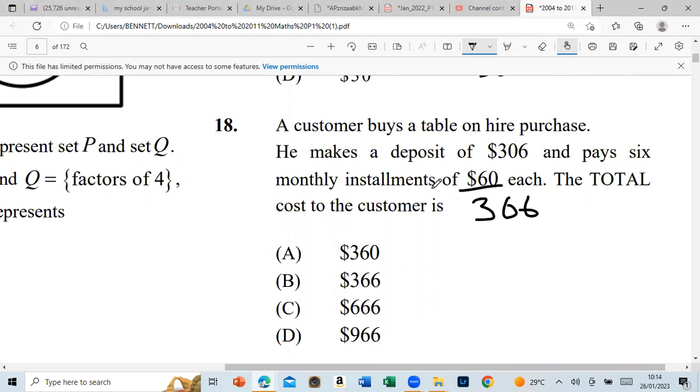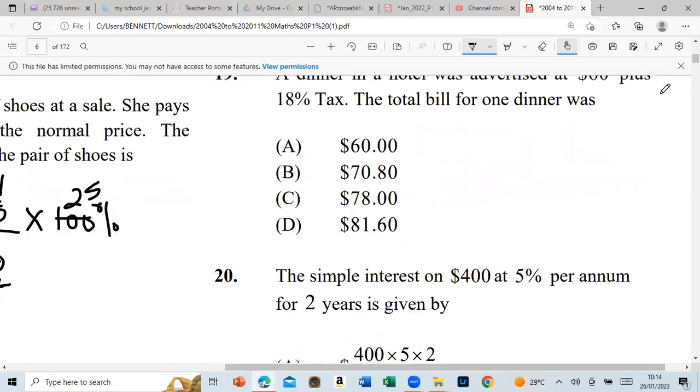It pays for 6 months, so that is 6 times $60, which is $360. And I'm gonna write this number, which is the answer. I'm just gonna type it. Write that number. So alright, let's move on to 19.